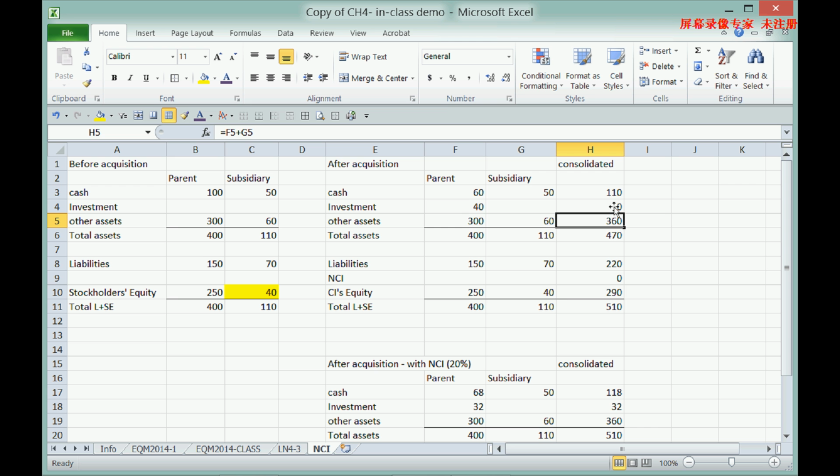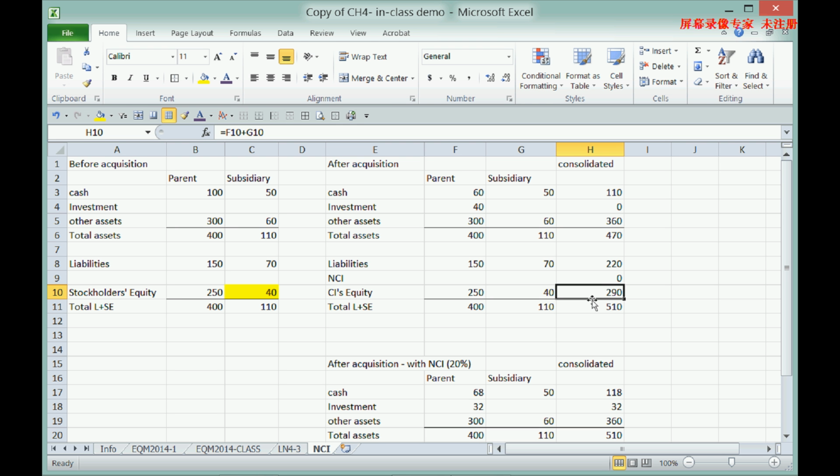That is because we also need to cancel out the CI's equity. So we basically need to make the parent's shareholders' equity equal to the consolidated stockholders' equity. Remember the S entry: we always cancel out the common stock, additional paid-in capital, and retained earnings of the subsidiary.